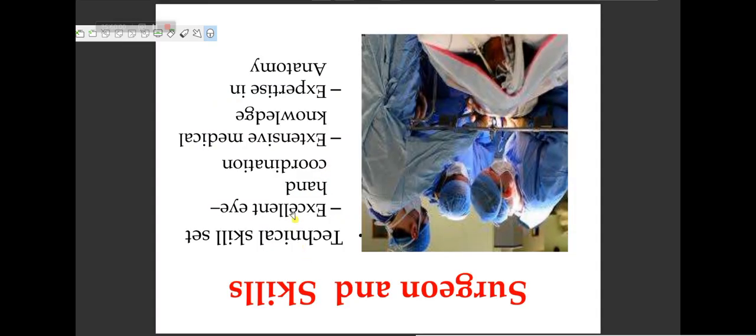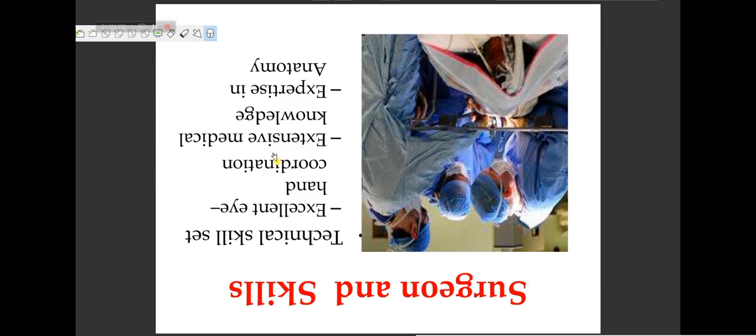Now, the surgeon and the skills, right? There will be some technical skill sets, excellent eye-hand coordination, and extensive medical knowledge for the surgery, and expertise in the anatomy.